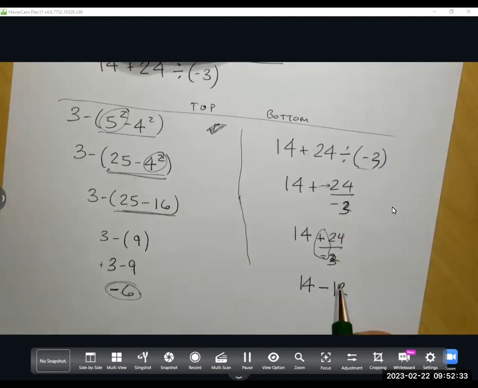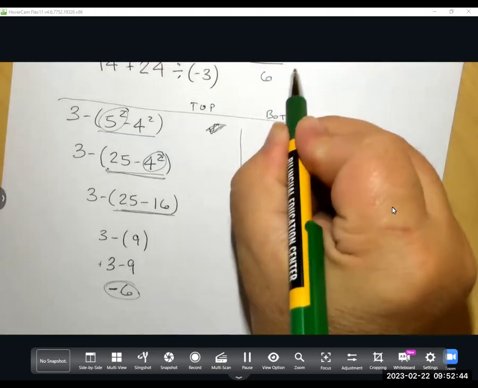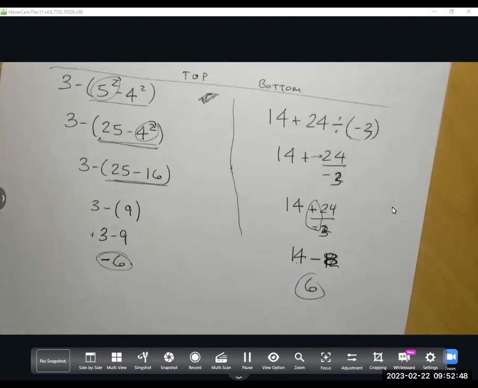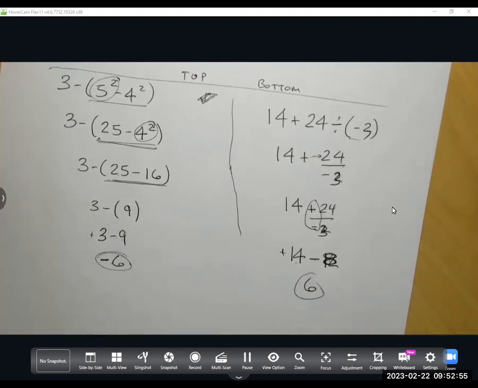So 24 divided by 3 is 8. 14 minus 8 is 6. And that's the bottom number. It's positive because 14 is bigger than 8. Remember, if you have different signs, this one's positive, this one's negative. If you have different signs, take the sign of the larger.